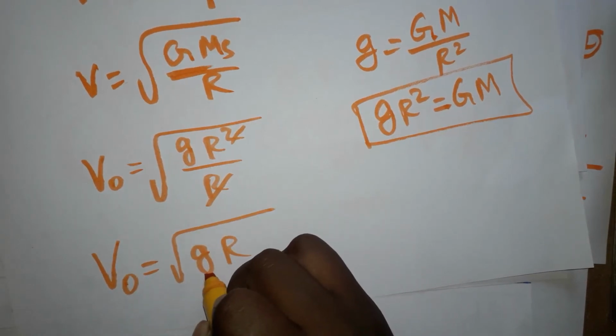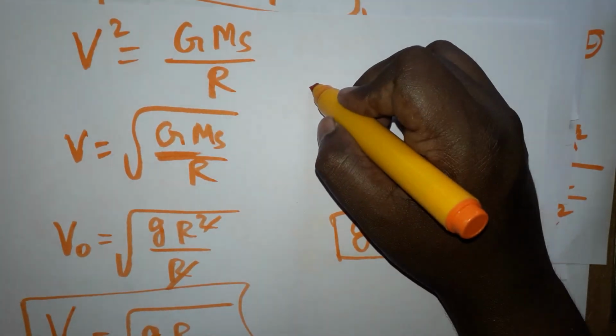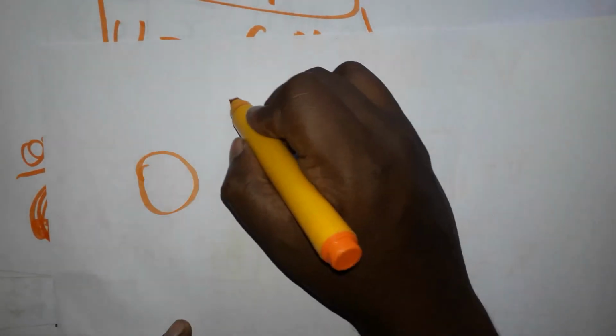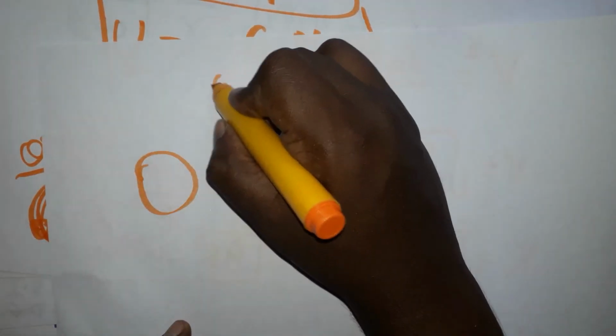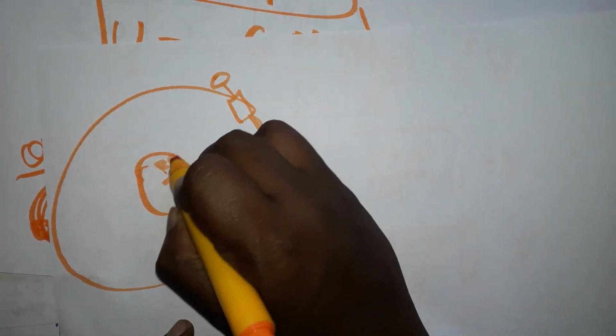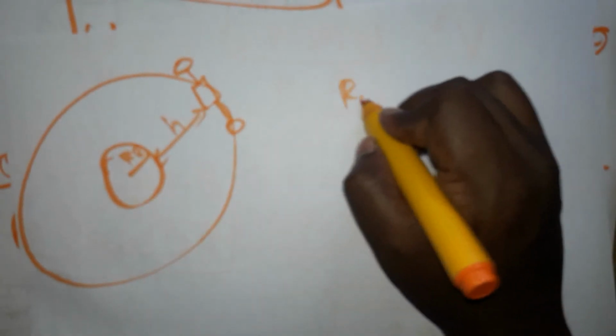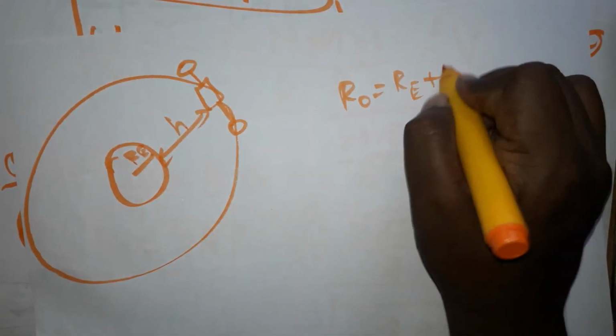Here g is the acceleration due to gravity. Consider this is the earth, and I consider one satellite like this. The satellite's orbital radius will be like this: the radius of the earth plus the height of the satellite. So the total orbital radius is Re plus h. Now our orbital velocity is the root of the same equation, G times mass of the earth divided by (radius of the earth plus height of the satellite).